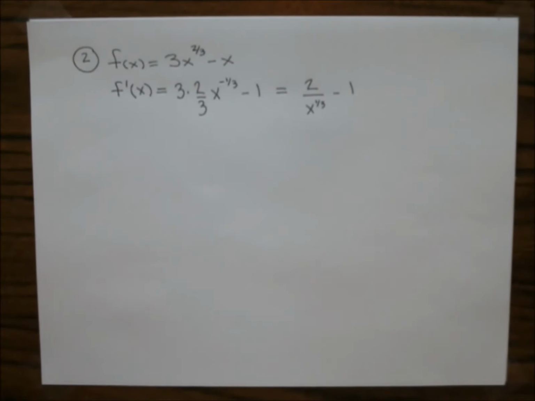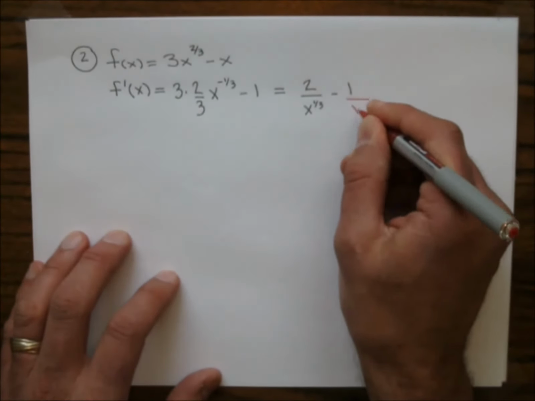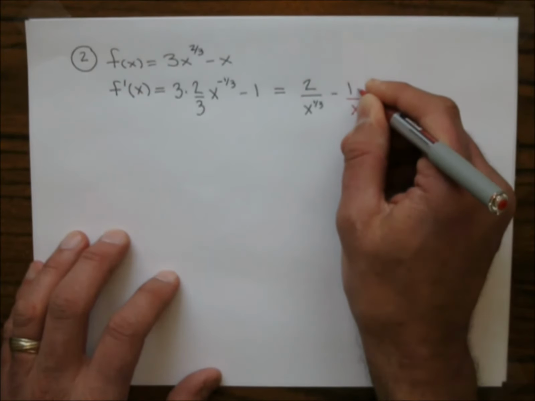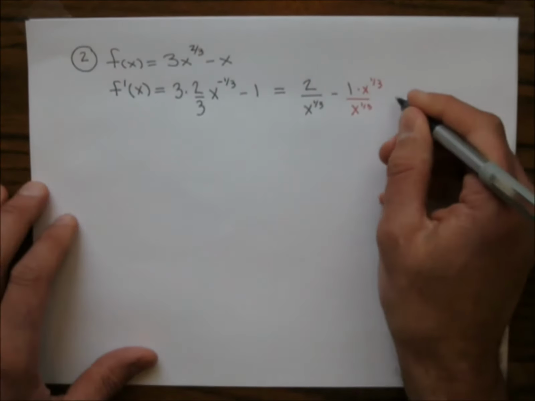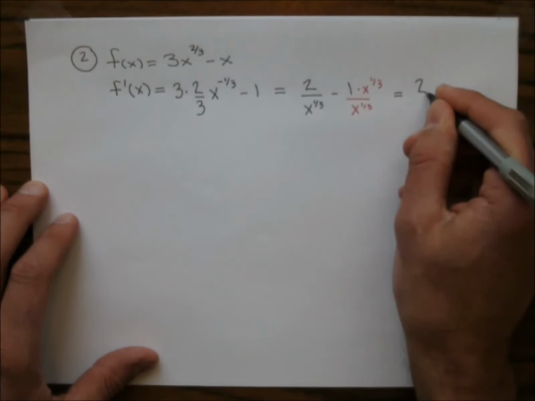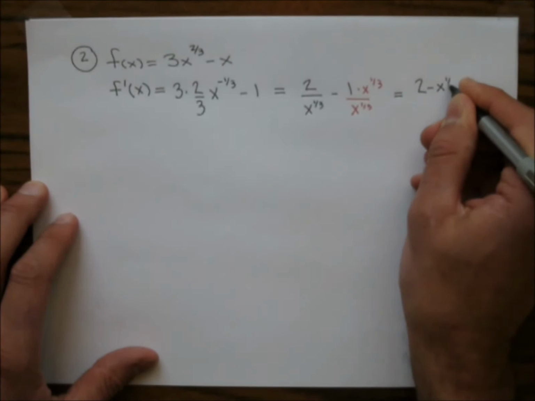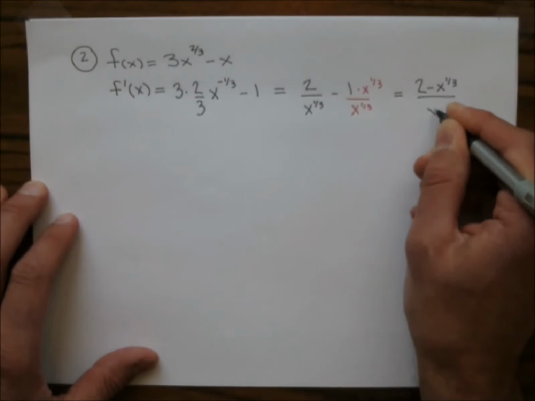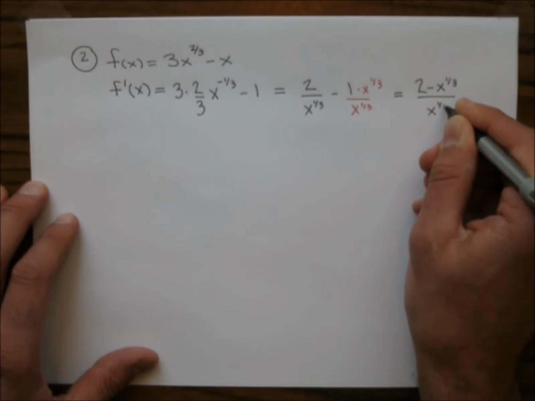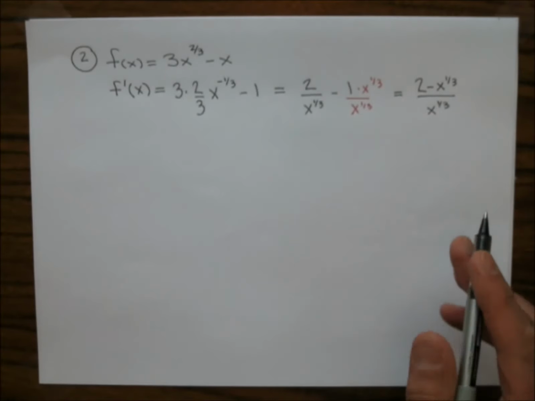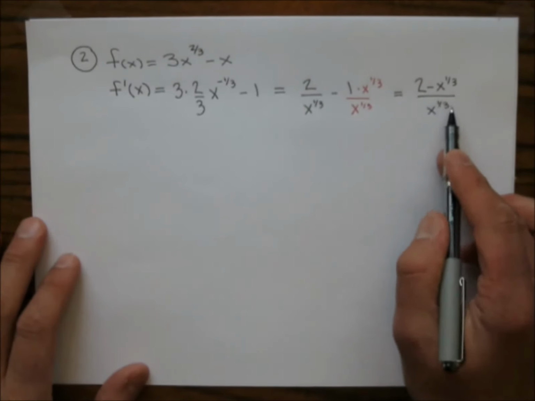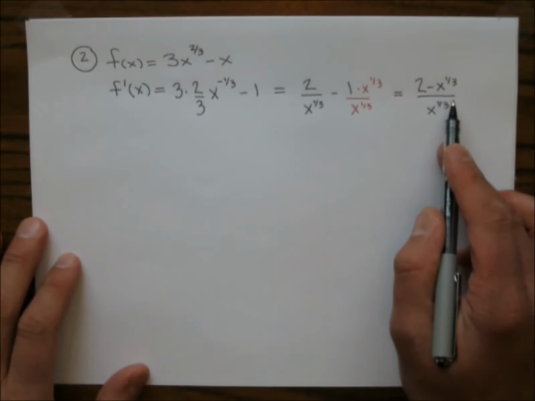I'm going to get a common denominator of x to the 1/3. So on the top I have 2 minus x to the 1/3. On the bottom I have x to the 1/3. And that is the reason I put it into one fraction, is I'm going to find the critical numbers.